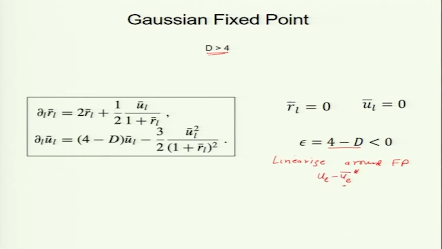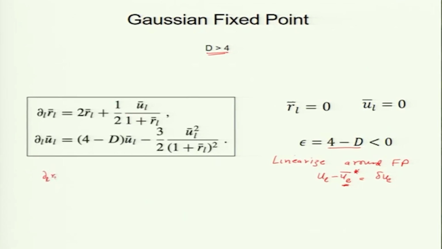Okay. This is the fixed point UL star and this is my small parameter. So, I call it delta UL, but right now UL star is 0. So, my delta UL is same as UL. Okay, is that clear? So, this is what we do. So, here, if I do this, look at the first equation.